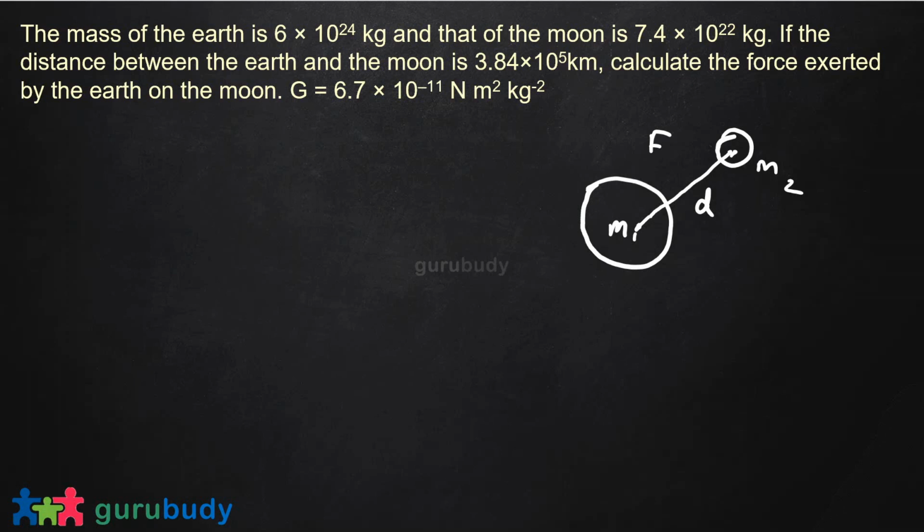Okay, now, so we know force is equal to G m1 m2 by d square, right? So we know m1 is the mass of the Earth, which is this. We know m2 is the mass of the moon, which is here. We also need the value of the d, which is the separation, which is also provided.